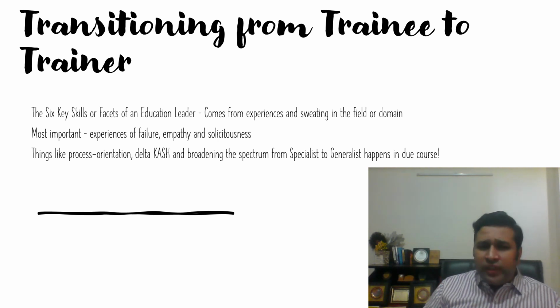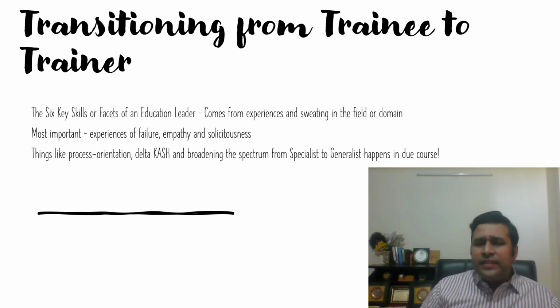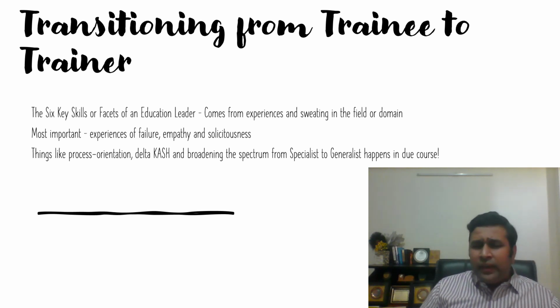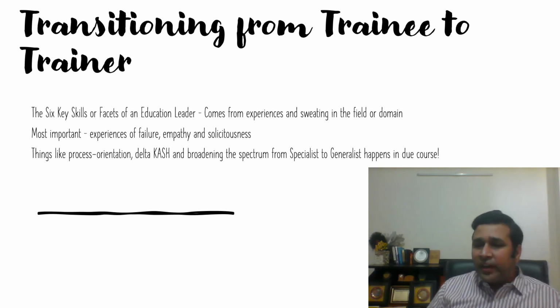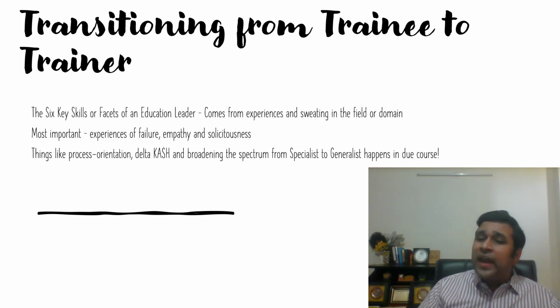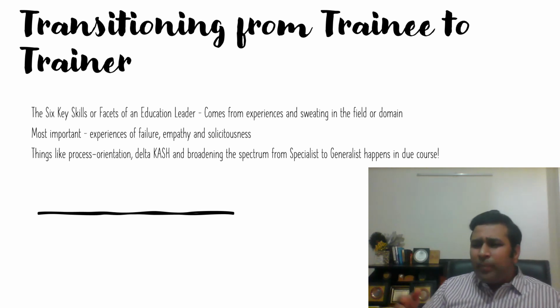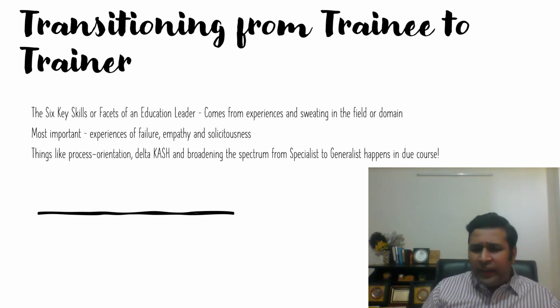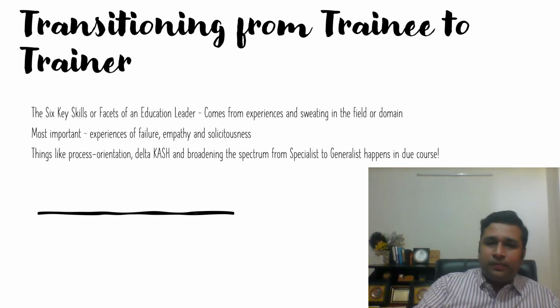The most important of these facets is experiences of failure, as well as a certain kind of empathy and solicitousness. Things like process orientation, delta CAS, that is knowledge, attitude, skills, and habits, and broadening the spectrum from specialist to generalist happen in due course. So these are some of the things which fall in place, but the important things are that you have experiences of failure, and you have a certain kind of empathy and solicitousness.